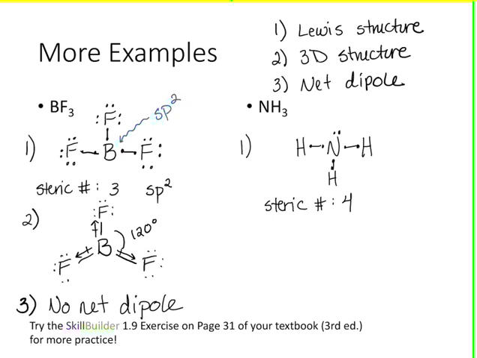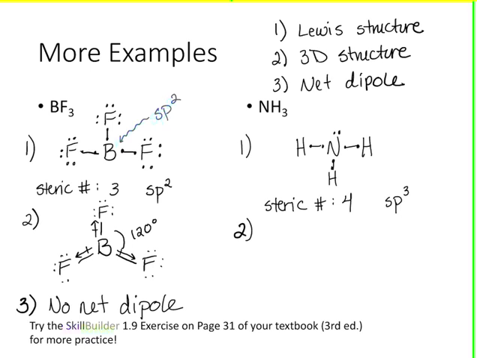Okay, and what is the hybridization of nitrogen? Is it sp, sp2, sp3? sp3. So we have 1 s and 3 p's, so that's a total of 4. Okay, so now let's figure out the geometry of this molecule. Okay, so we have a few options. We have tetrahedral, trigonal pyramidal, or bent.